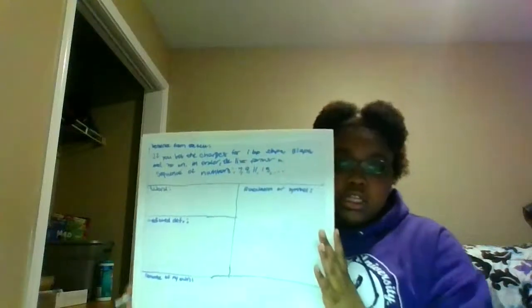So the sentence will be, if you list the charges for 1 lap, 2 laps, 3 laps, and so on, the list is a sequence of numbers 7, 9, 11, and 13, dot, dot, dot. Okay? And so that is the first step.